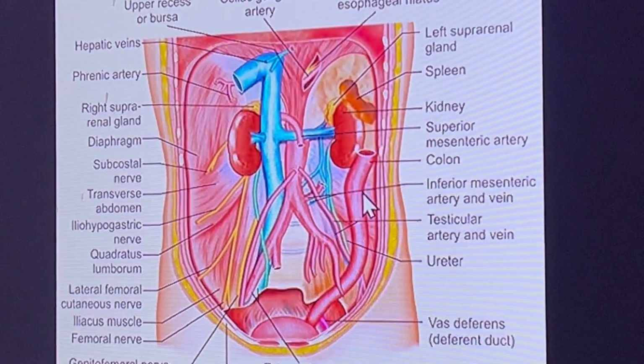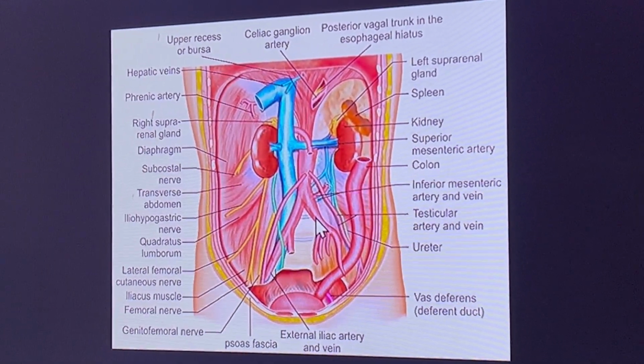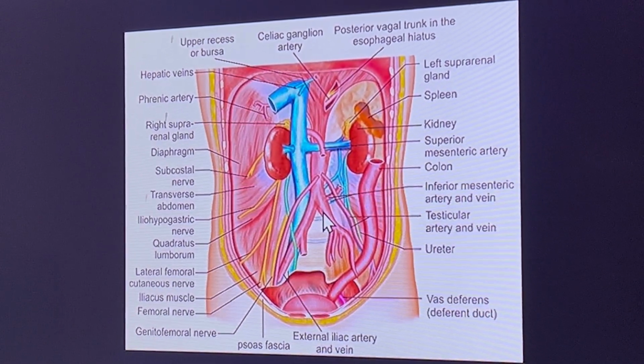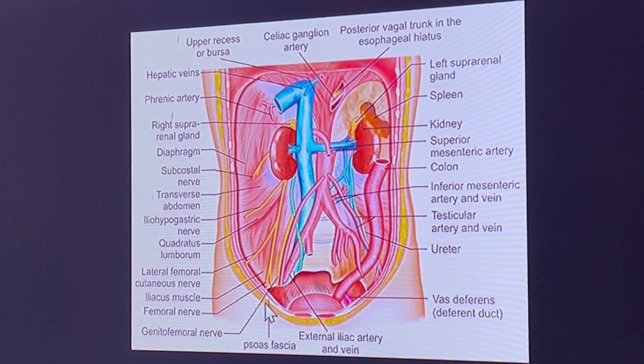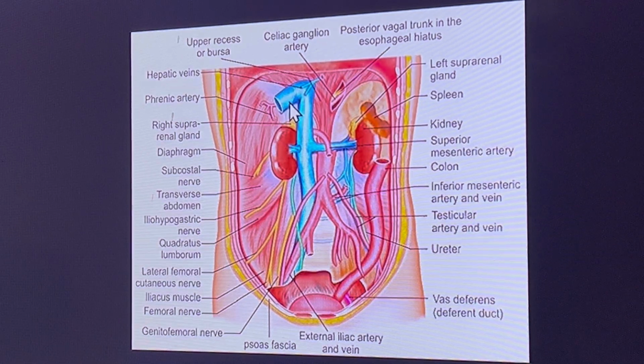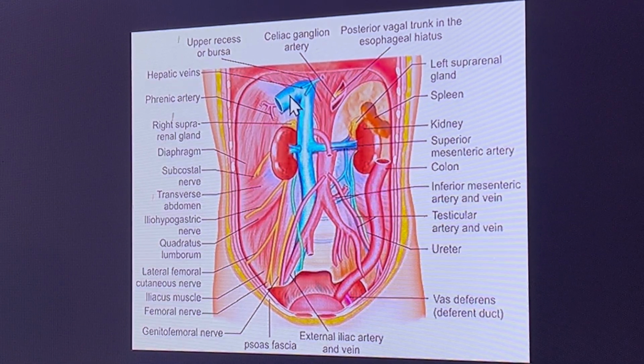Then you have the colon, the inferior mesenteric artery and vein. Then you have the testicular artery and vein, ureter, vas deferens, and on the right side we can see the phrenic artery. The superior phrenic artery and the inferior phrenic artery are there.